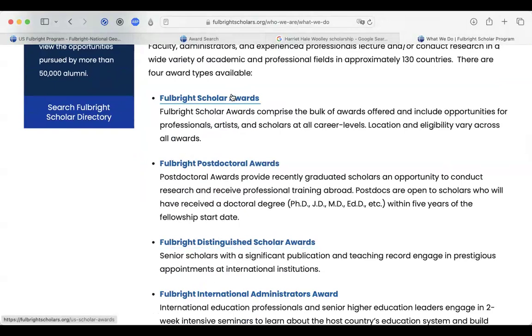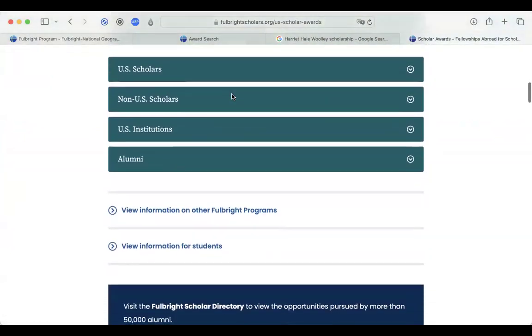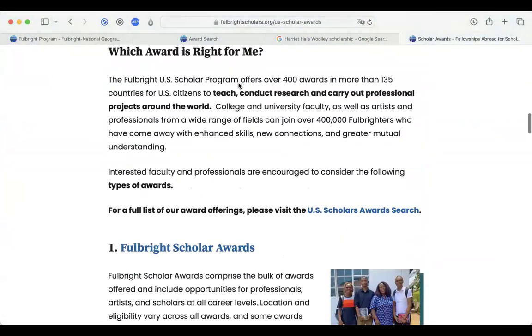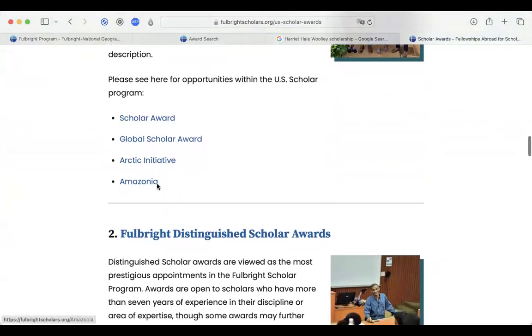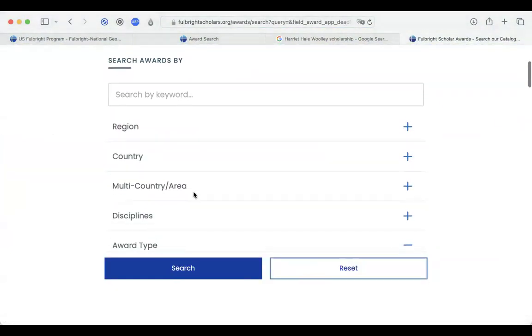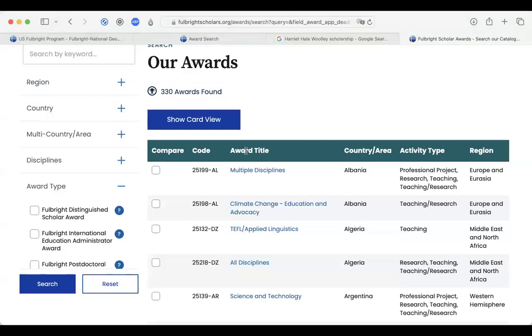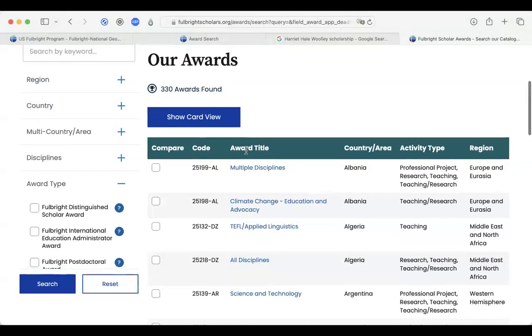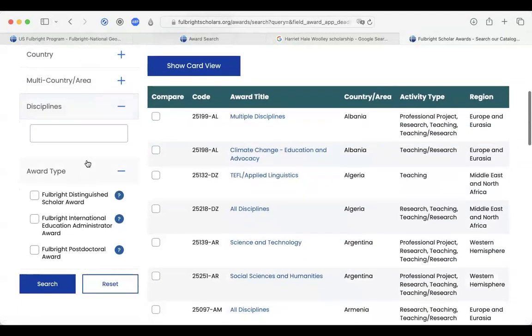So let's take a look at the Fulbright Scholar part here. And if we were to look at the description here, we have a breakdown of the specialty programs. Let's go right to this one. And we see here that we have a full list here, 330 awards. So it's many countries that have more than one available. And in this case, we have disciplines here.